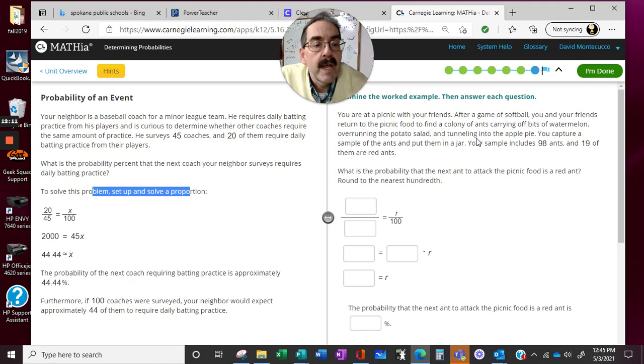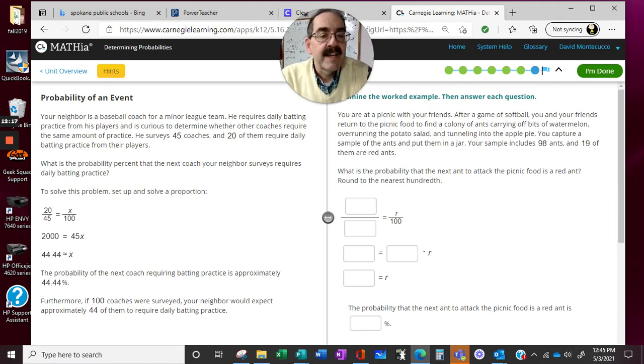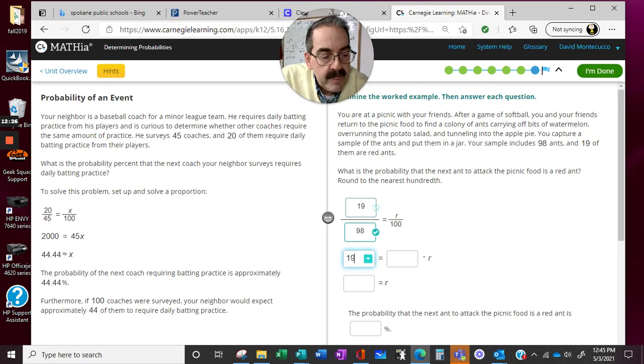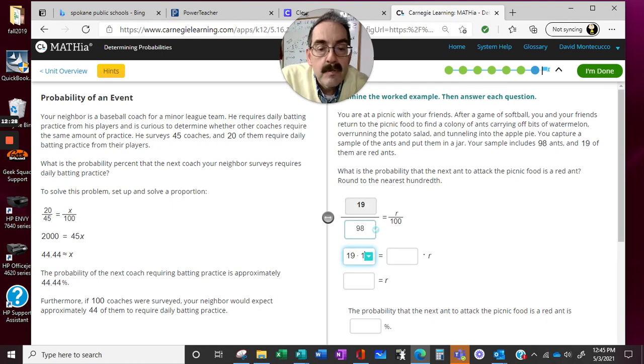Okay, so now your sample includes 98 ants, 19 of them are red. What's the probability that the next ant to attack will be a red ant? So 19 of the 98, and here we have 19 times 100 over 98.